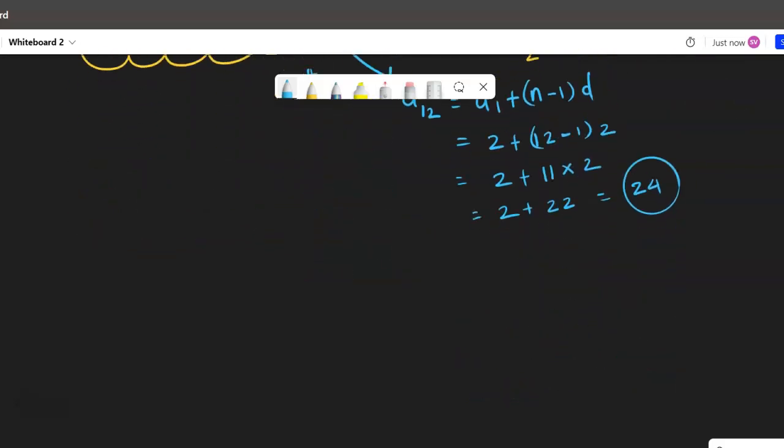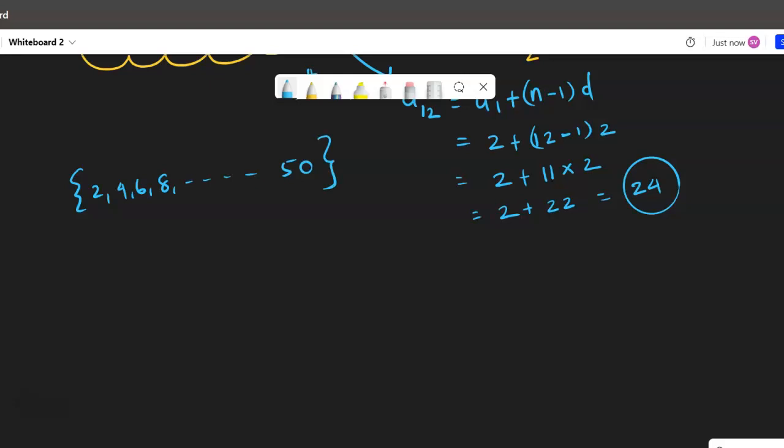Similarly, we need to explain how to find the number of terms of a sequence. Say, for example, I have a sequence 2, 4, 6, 8, etc., up to 50. The last term is 50. How can I find the total number of elements in this series?